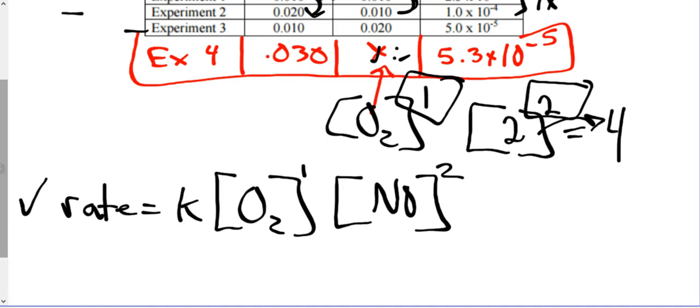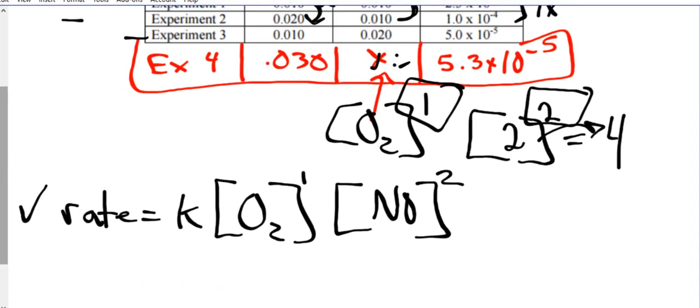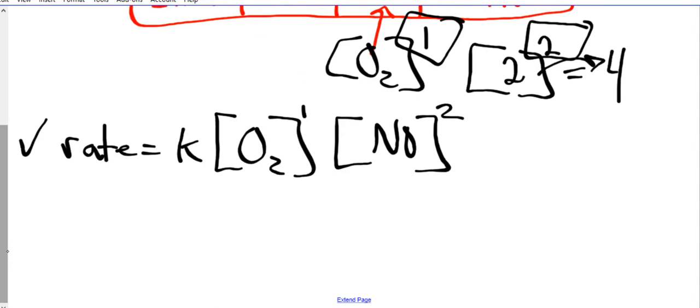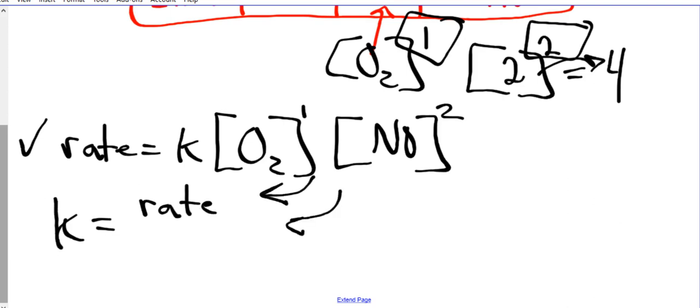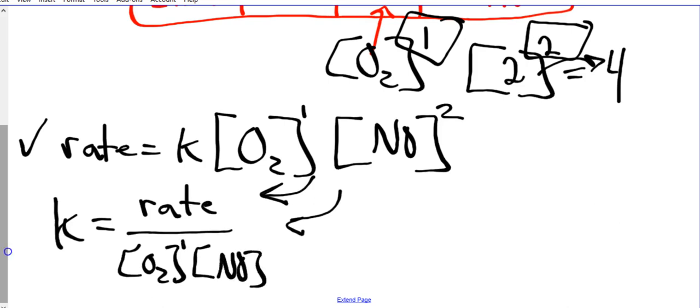The next part of the problem was to solve for K. So K is equal to rate, I'm just doing the algebra, divided by these two parts over here: O2 to the first, I'll write it just in case, and NO to the second.